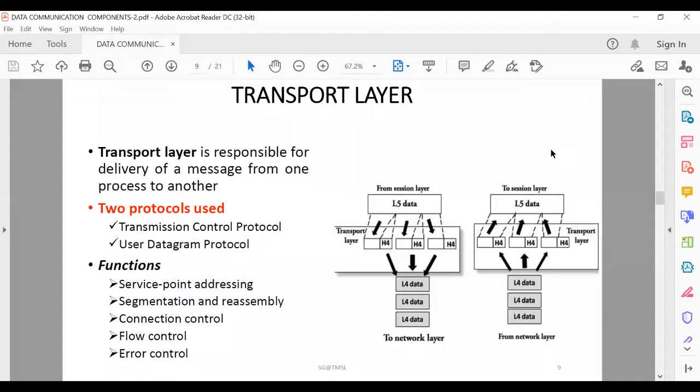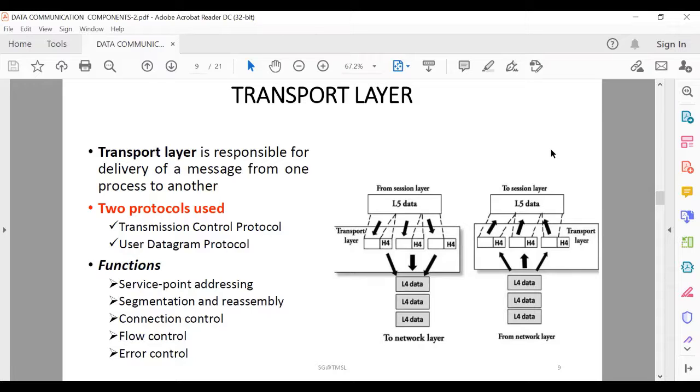Move on to the next slide, which is the transport layer. It is layer 4, which ensures that messages are transmitted in the order in which they are sent, and there is no duplication of data. The main responsibility of this layer is to transfer the data completely.